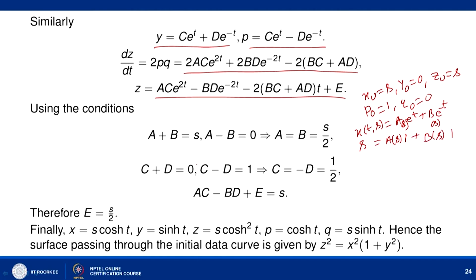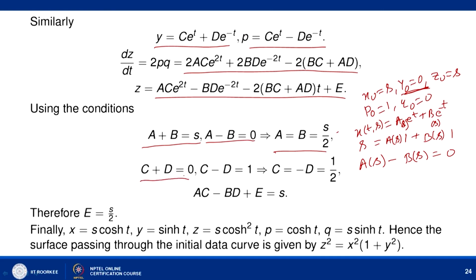So a plus b is equal to s, that is this relation. Then using the relation for q, a(s) minus b(s) equal to q naught, that is 0 here. So a minus b equal to 0. With this we can find the values of a and b, that is a equal to b equal to s by 2.